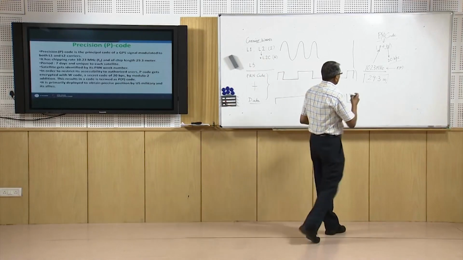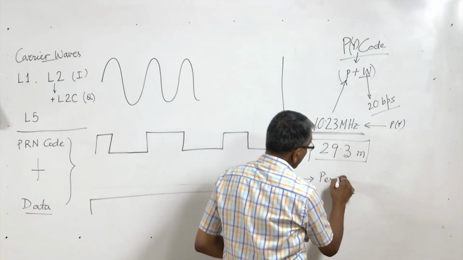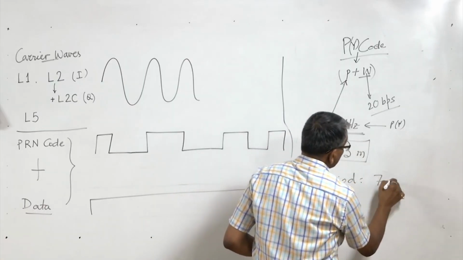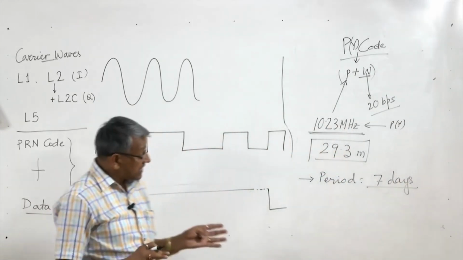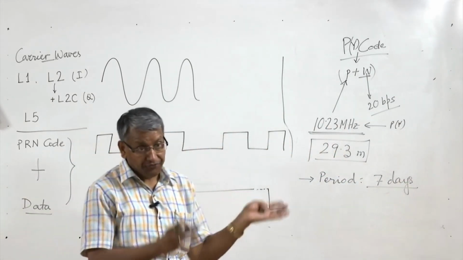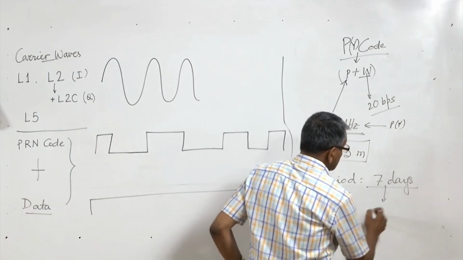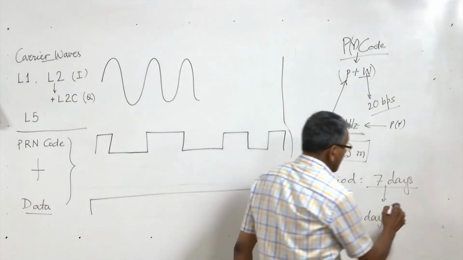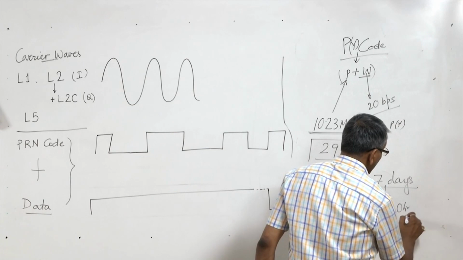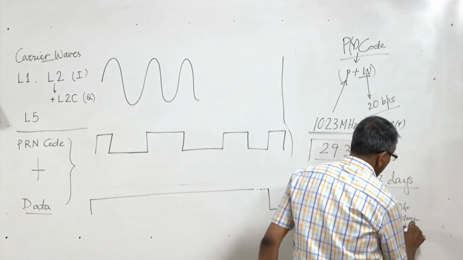Now these P codes have a period of 7 days. That means the same code repeats after 7 days, and of these 7 days, the first day, the 0 day, starts at 0 hour between Saturday and Sunday.